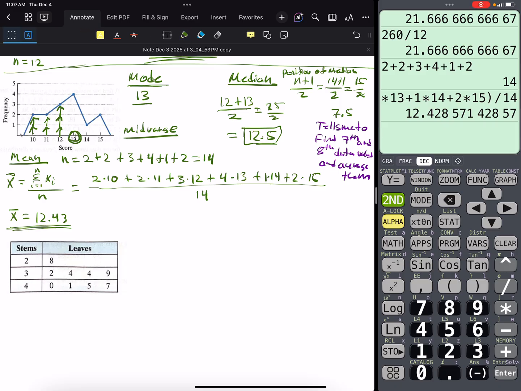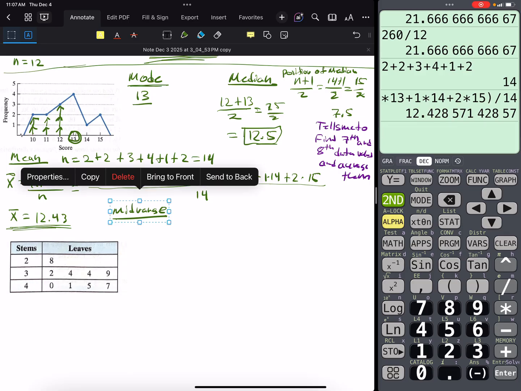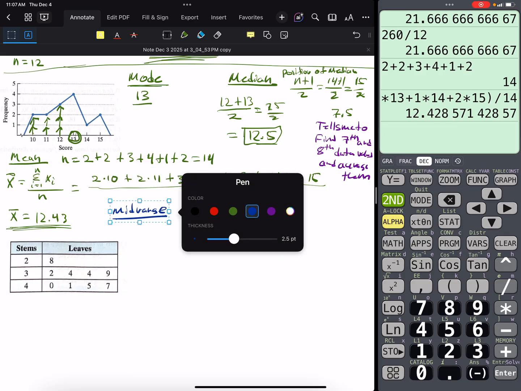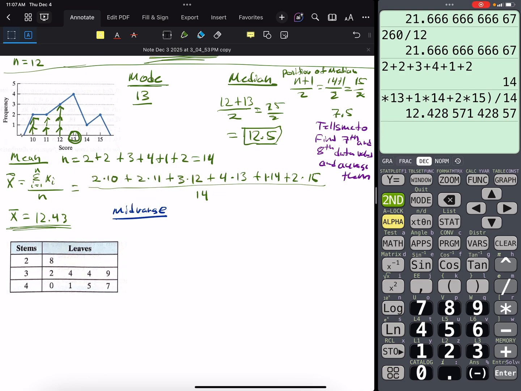Okay, now I need to find the mid-range. I'm going to pull that down here and change the color just so that we don't get confused by it being near so many other things. All right, so if I'm going to find this mid-range, this is the average of the max and min values.